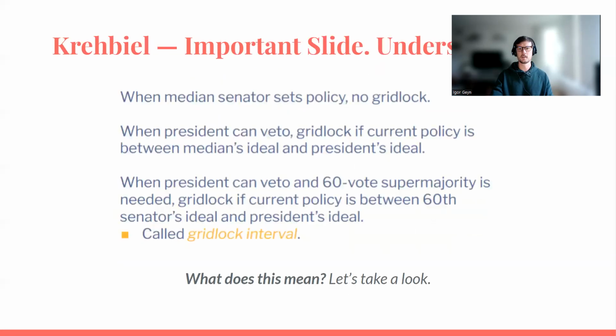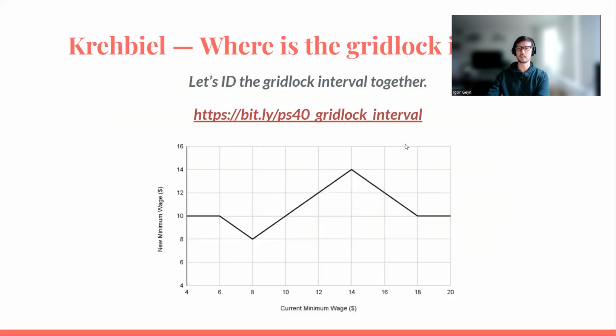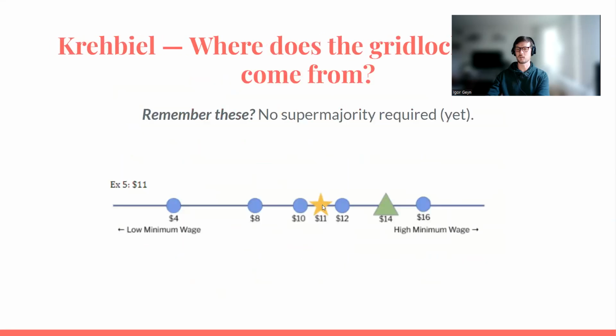Which is, of course, what the second part of the definitions that I talked about says right here, right? When the president can veto, when there is a green triangle, gridlock occurs if the current policy is between the median's ideal and the president's ideal. Well, that's exactly what $11 is. It's between the median's ideal and the president's ideal. Okay.